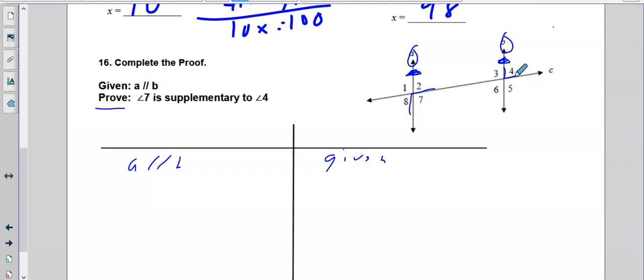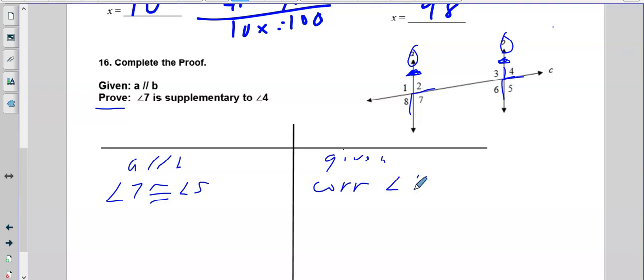Right? And we'll talk about various ways to do this. So, what we could do is say that angle 7 is congruent to angle 5, and we know that by corresponding angles.